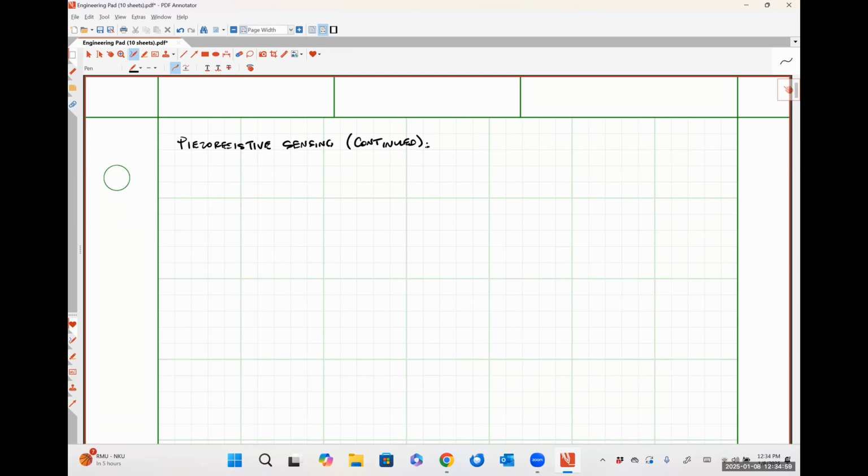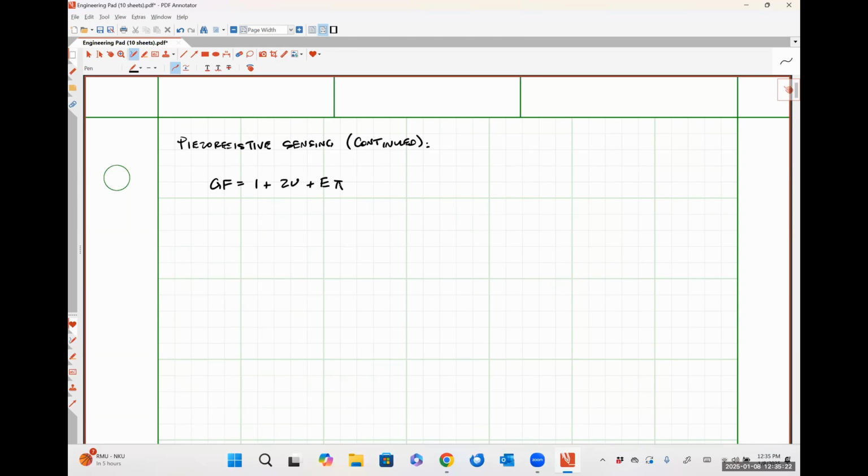So earlier in class on Monday, you were given the relationship that your gauge factor is 1 plus twice Poisson's ratio plus E, which is Young's modulus, times pi, which is the piezo-resistive coefficient, right?